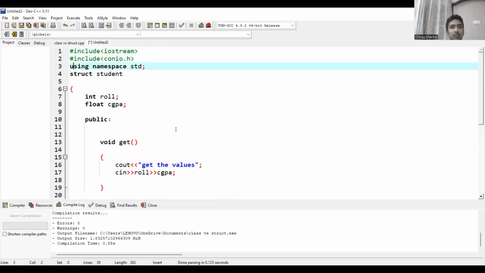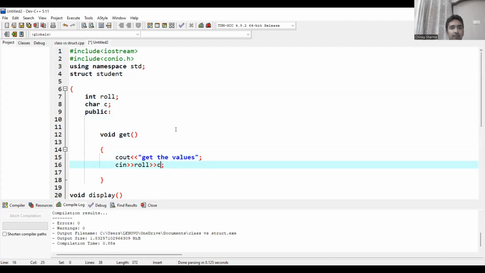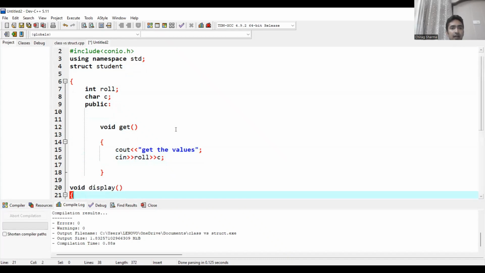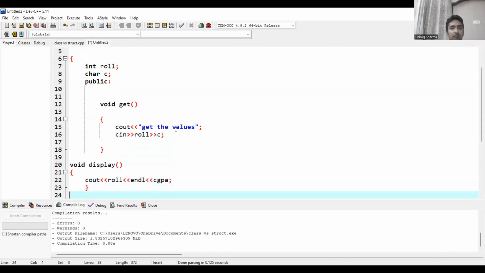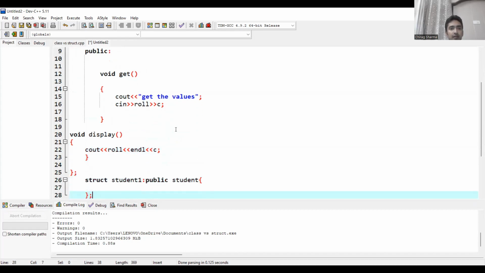We have given int roll and character C, right? I will get the values of roll and C, and I'm displaying the values of roll as well as C.